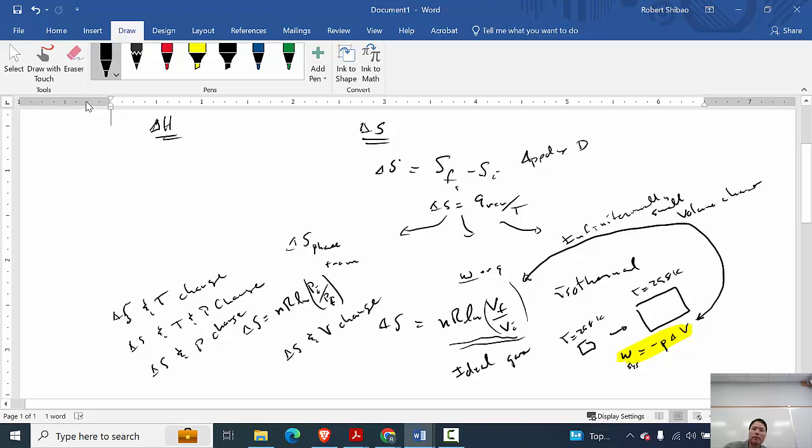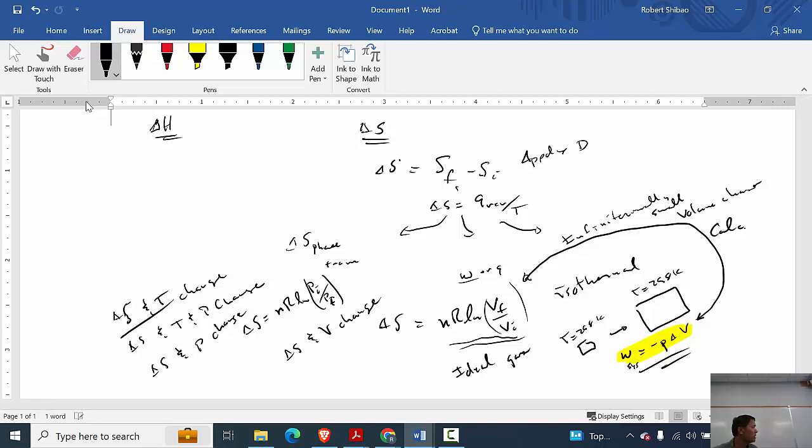Okay. And so we're not actually going to do this kind of derivation. Normally when we calculate work, we just use this here. All right, so these are some more ways to calculate delta S. This is in the book.